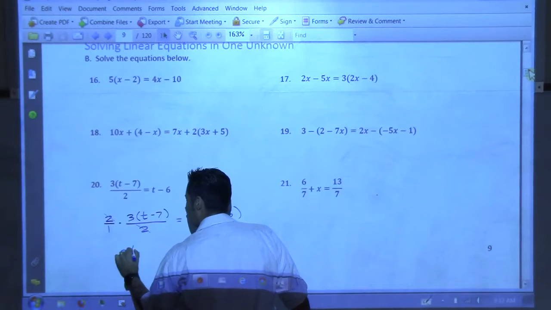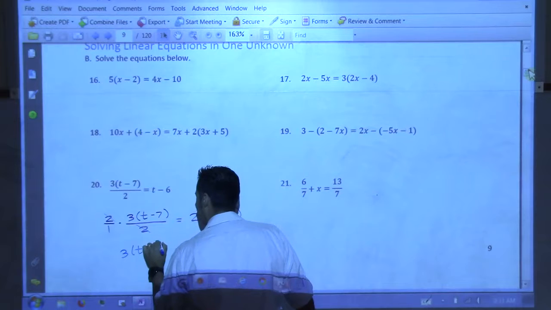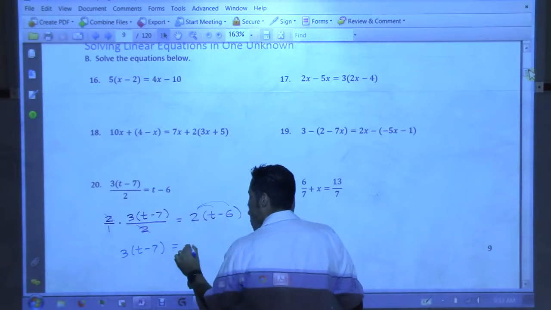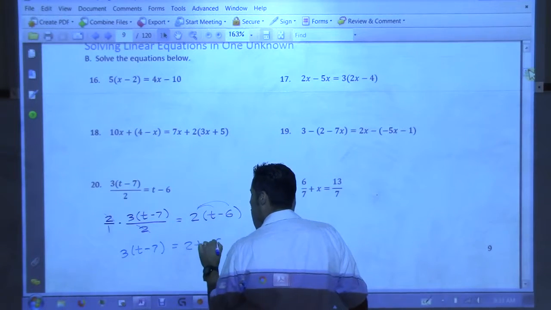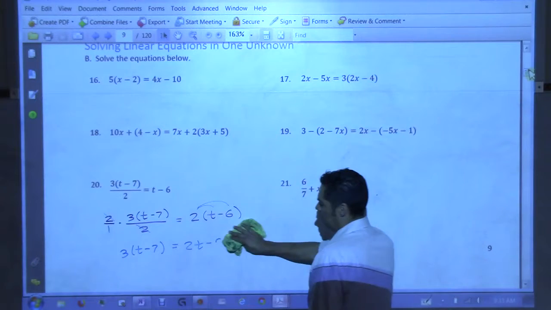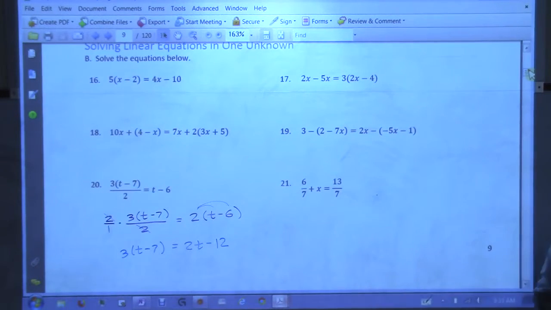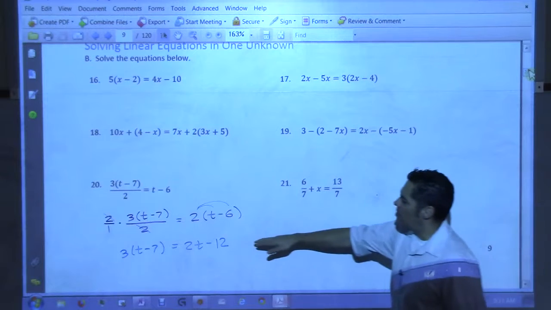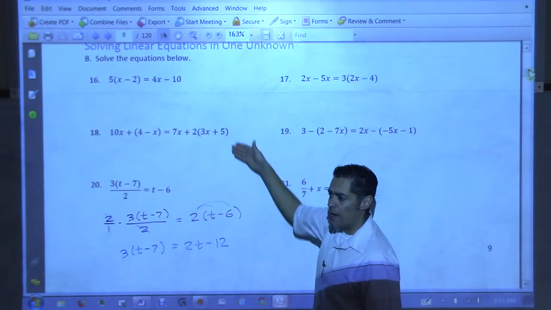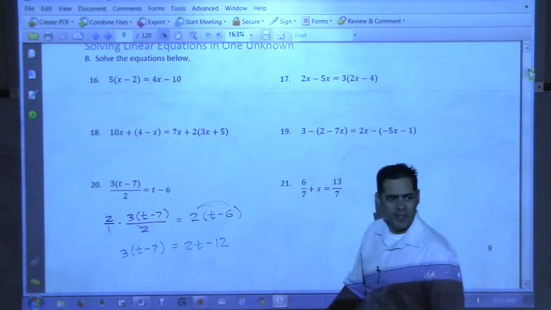3 times t minus 7 equals, and then when you distribute through, 2t minus what? 12? Are y'all on board with that? Any questions? Now this problem looks a lot more like one of these. You don't have those fractions anymore. Does that make sense?